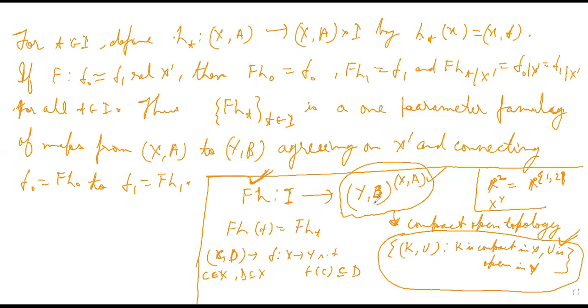So given any homotopy F, we can have this continuous family of maps with respect to a suitable topology. That is why we say that a homotopy is a continuous family of maps.